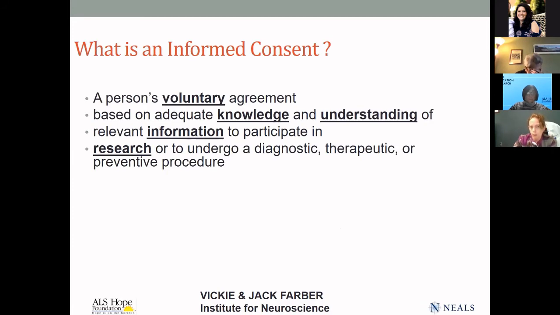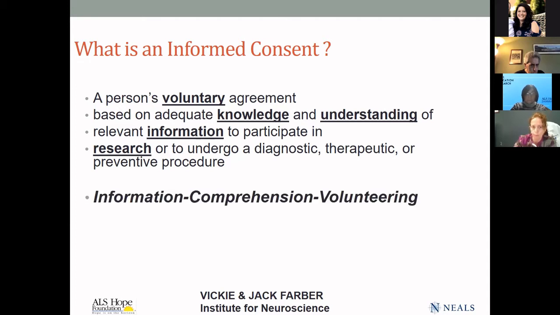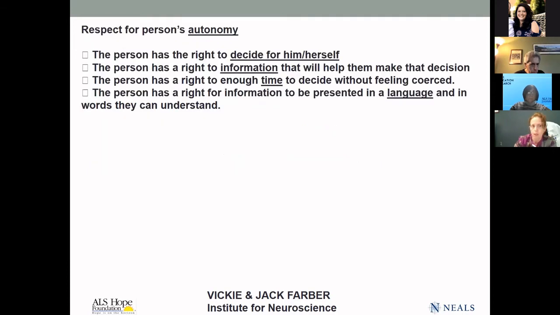The definition of informed consent is that it's a voluntary agreement based on adequate knowledge and understanding of relevant information to participate in research or to undergo a diagnostic, therapeutic, or preventative procedure. That is definitely based on information, comprehension, and volunteering. So that's what informed consent is.